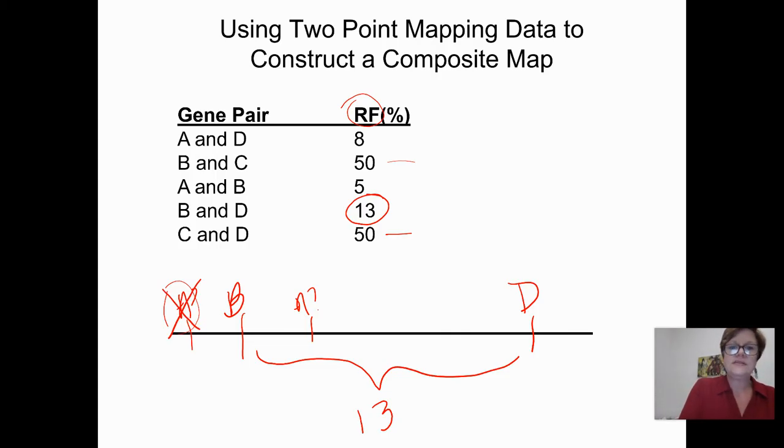But if A is linked to B at 5, then A could be linked to D at 8, and those two pieces would add up to the whole of 13. So that's how you make the composite map. That's just a small example, but it's a little bit of trial and error and making the puzzle pieces all fit with one map that's consistent with all of it.